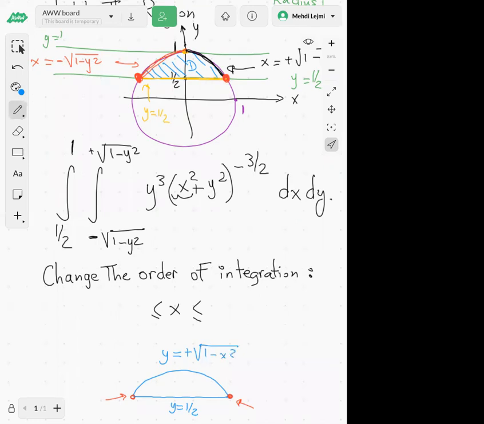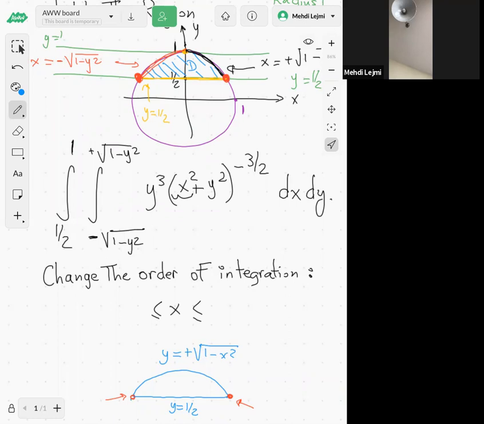Now, what's the x coordinate of this point? Well, y is equal to half, and the point belongs to the circle. So x is minus, because here x is negative, square root of 1 minus y squared.